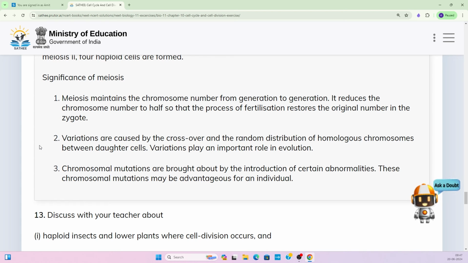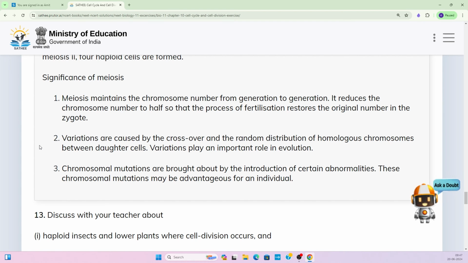Next, variations are caused by the crossing over and the random distribution of the homologous chromosomes between the daughter cells. Variation plays an important role in evolution. Due to the crossing over, there is a mixing of the genes.